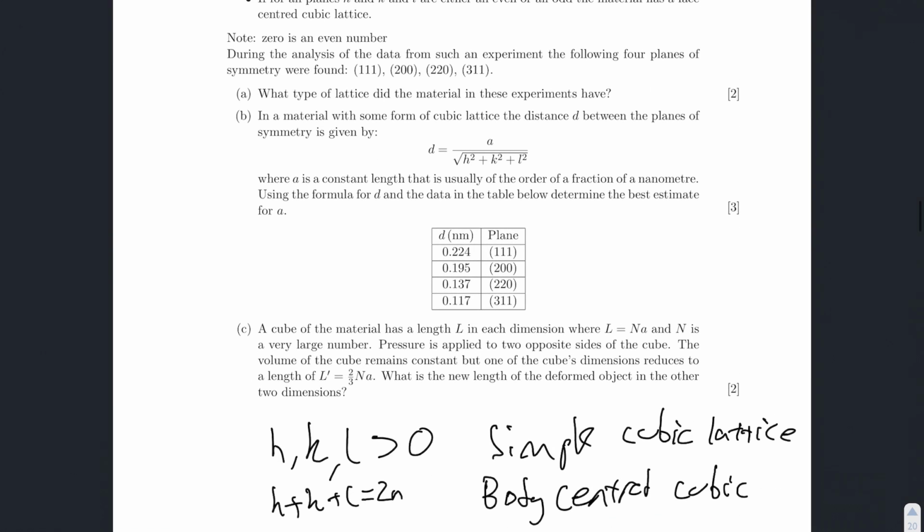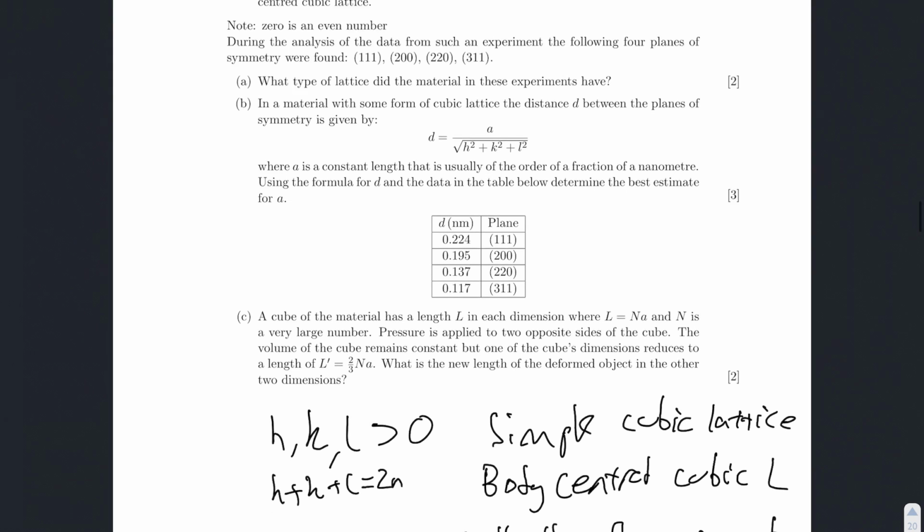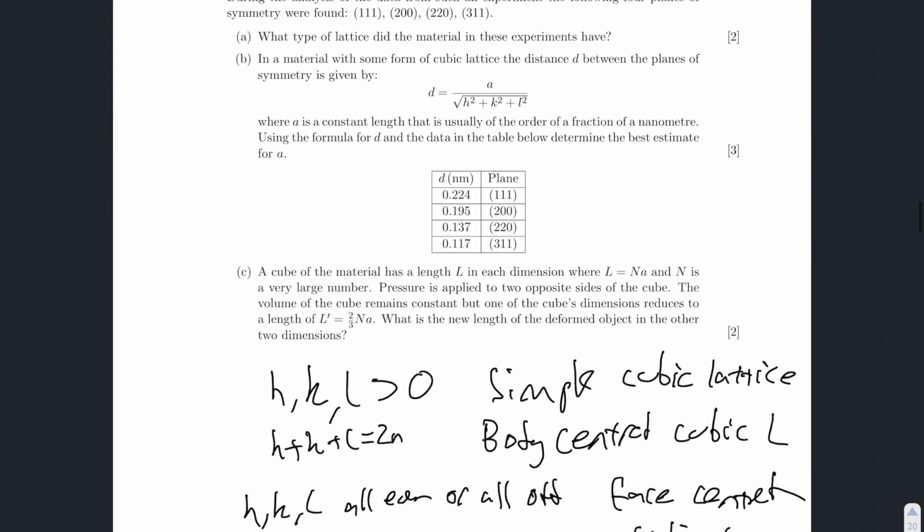And if H, K, L are either all even or all odd, it has a face-centered cubic lattice. And it says, note 0 is an even number.